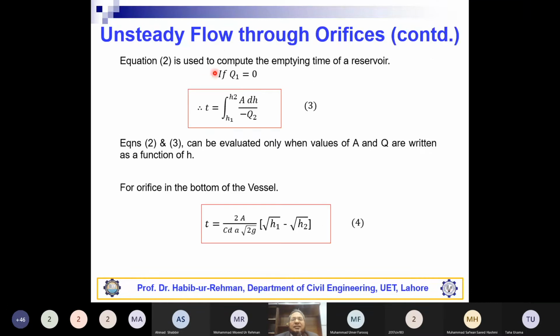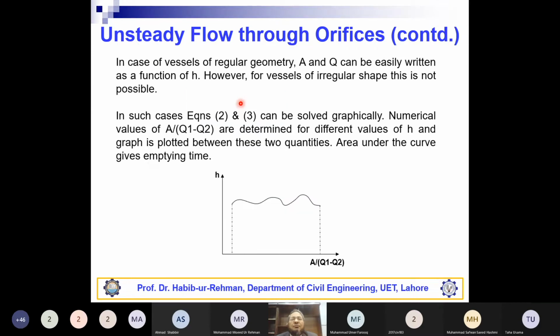So we can easily solve this equation by writing Q2 in terms of h, or sometimes surface area also in terms of h. But if it is a reservoir of irregular shape, like Tarbela reservoir or Mangla reservoir, then what do we have to do? We can find the emptying time by the graphical method.